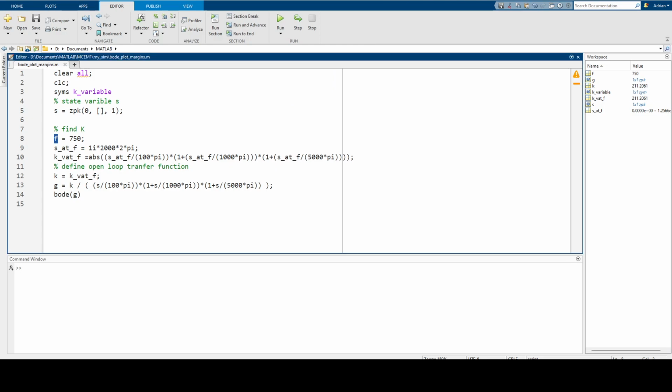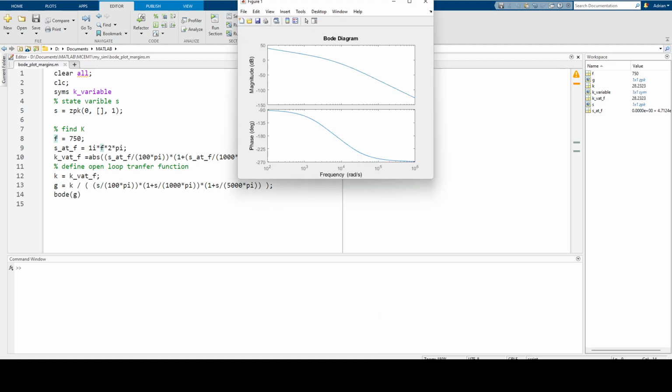Okay, I was wondering why we were getting the same result, but here I just hard coded the 2000, so that's why. Now we can run it. Let's see if this time we get the crossover. Yes, 4000 and something. I just can't click right at 0 dB, but that's our frequency. And here we can see the angle that we will get.